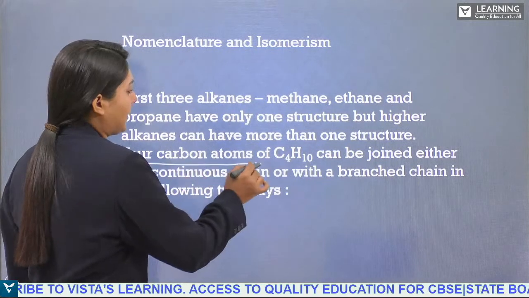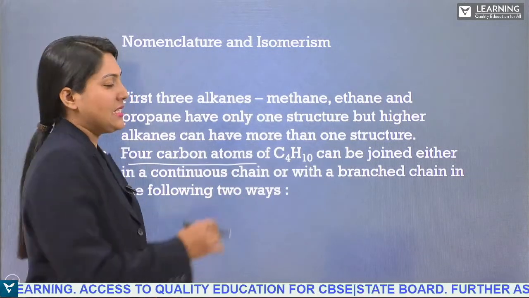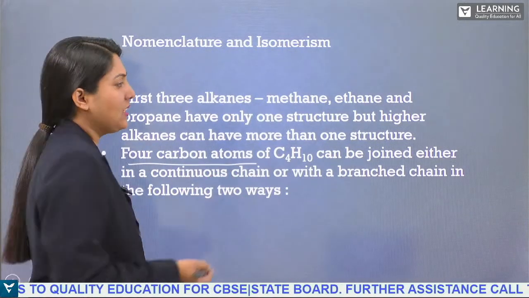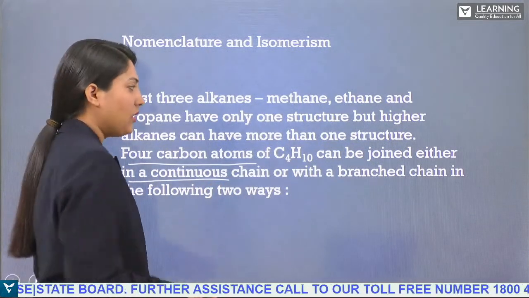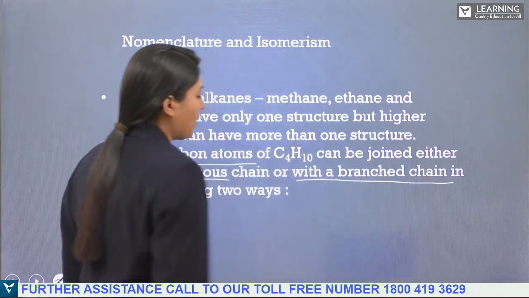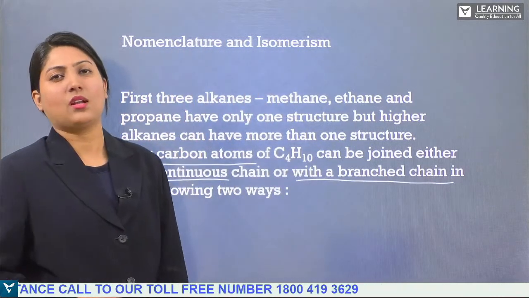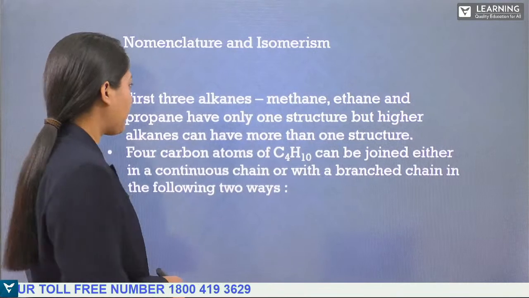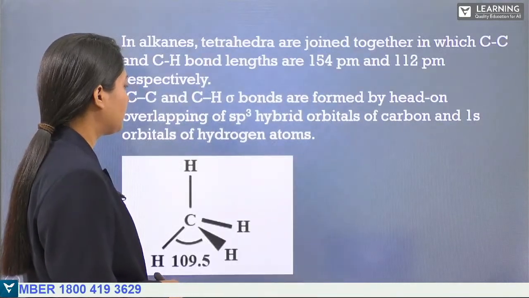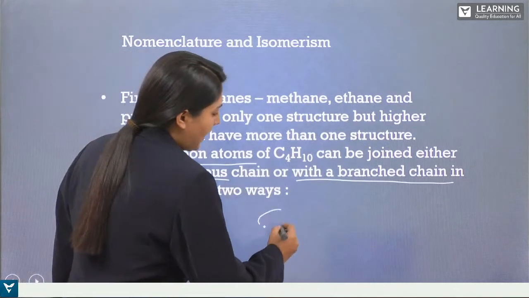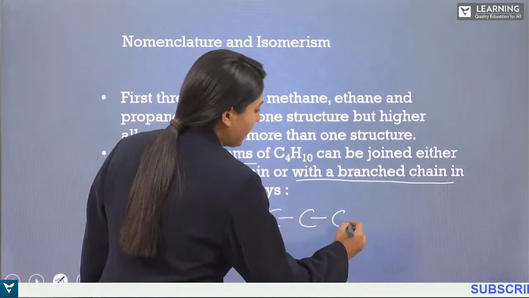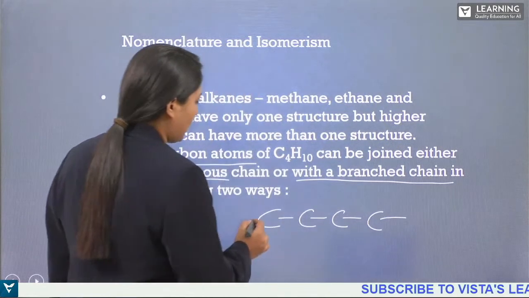4 carbon atoms, that is butane, C4H10, can be joined either in a continuous chain or with a branched chain. What do you mean by continuous chain or branched chain? If you see here, I have 4 carbon atoms running one after the other.